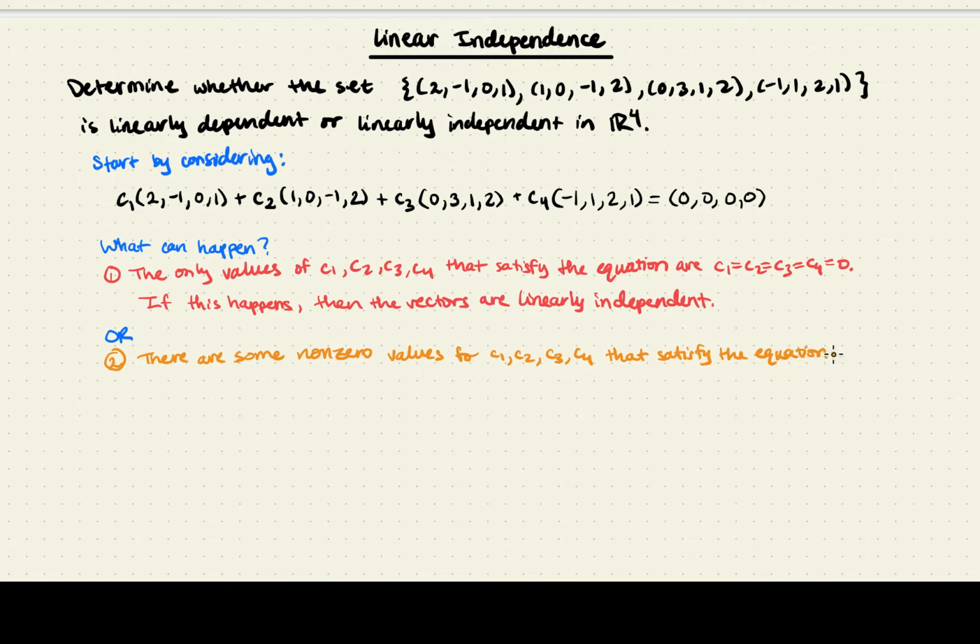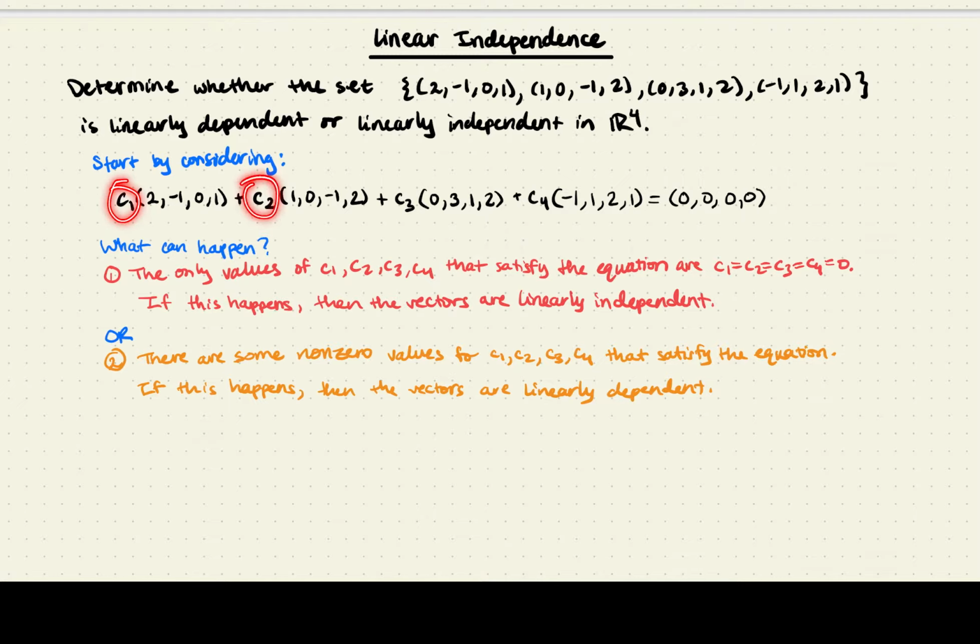Now, if this happens, then the vectors are linearly dependent, meaning I could find non-zero constants.